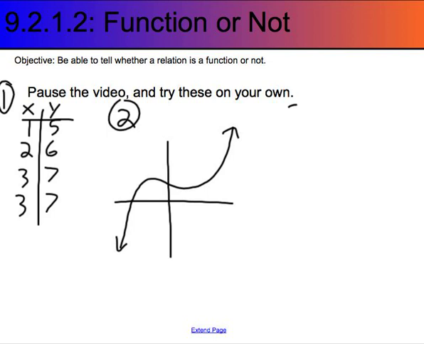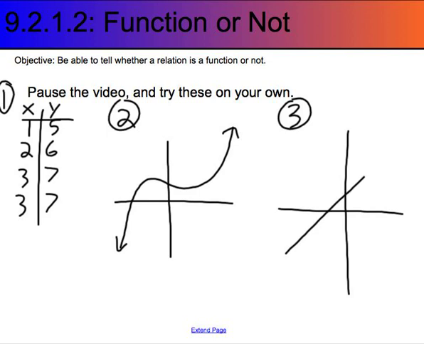So there's that graph. Is that a function? Let me give you another graph. Kind of a zigzaggy line there. So go ahead and pause the video, try each of those, and try to decide whether or not those are functions.